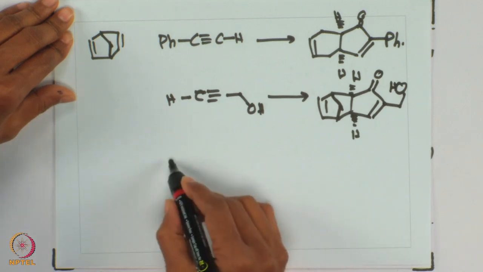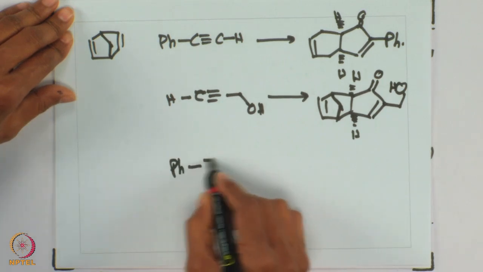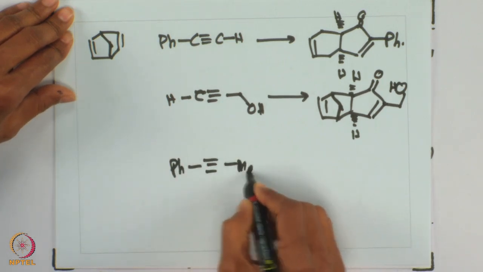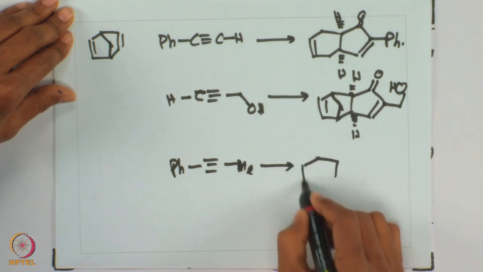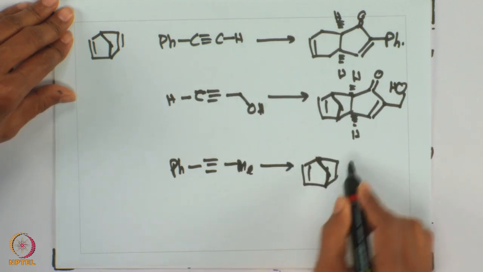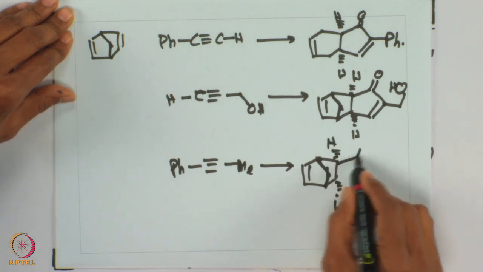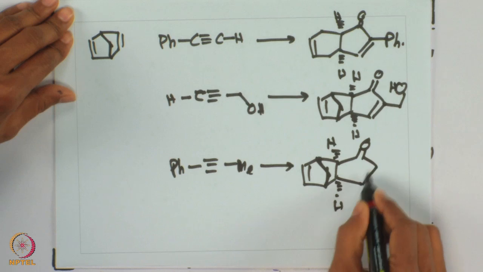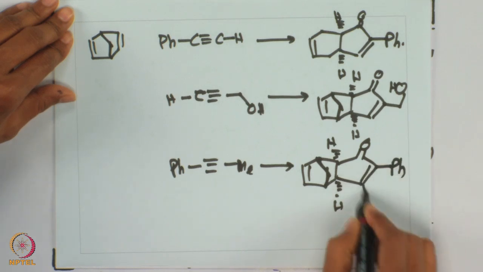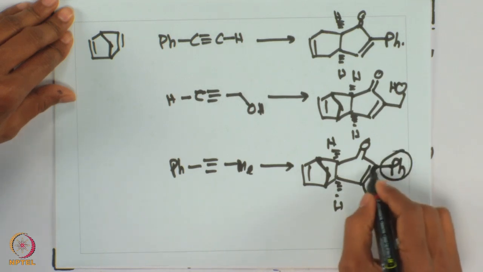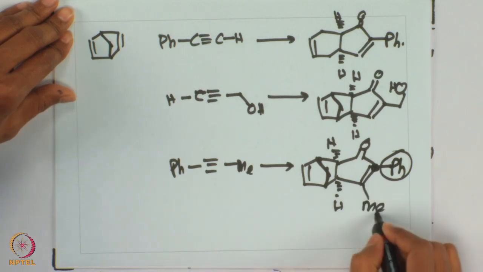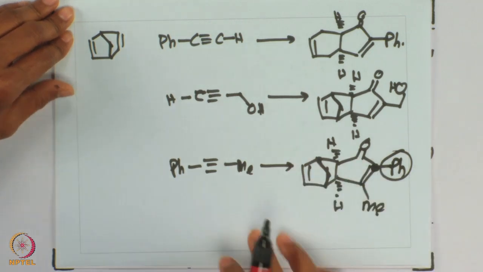And if you are taking an internal alkyne, that is also possible to react quite efficiently, and that gives the product once again quite efficiently under the condition. The desired cyclopentanone product is formed. As you see, phenyl is right next to the carbonyl, methyl is there. So, these are quite efficient.